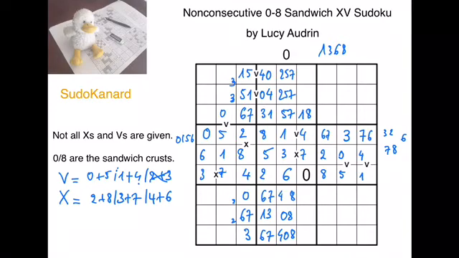Not 0, not 1, not 3, 4, not 6, 7, 8, not 5. Could it be anything but a 2? No, 0, 1, 3. Could be a 4. 2, 4. That's it, only 2 or 4.